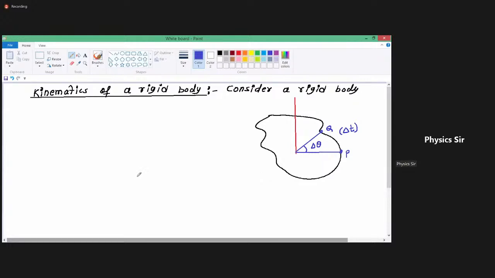So I can say, let a body rotate through delta theta.